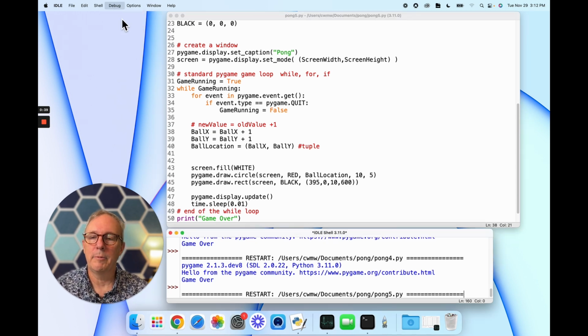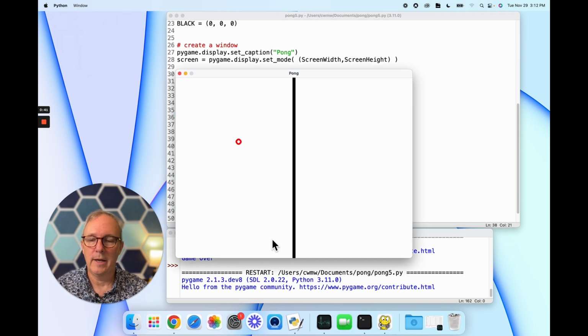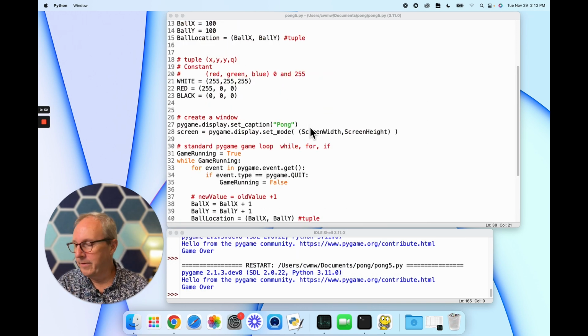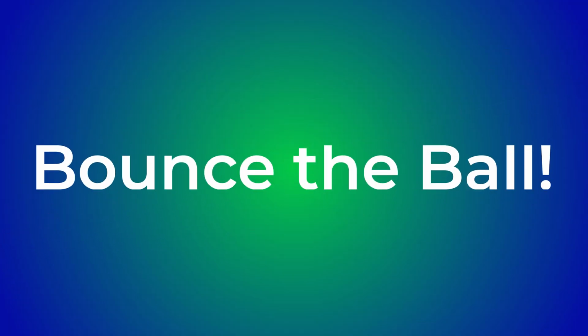To recap, we're going to run the module, and basically we have this ball that is now moving, and that's great, but it goes right off the screen. In pong5, the plan for this particular one is we are going to see what we can do to bounce the ball.